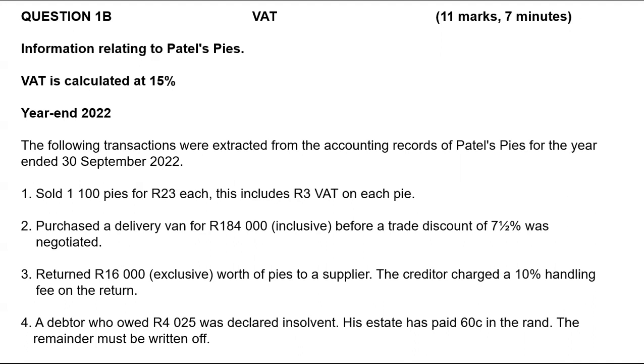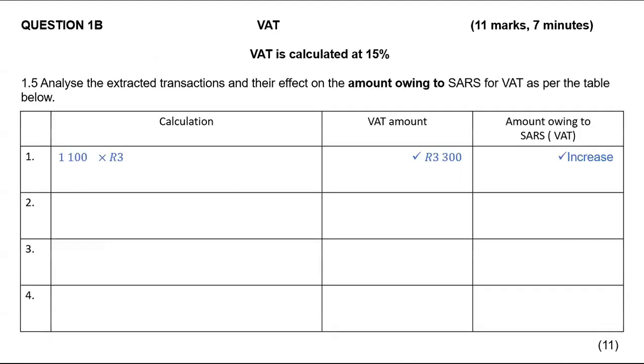Can we claim VAT on that 184,000, or on the 184,000 minus the 7.5% trade discount, which we normally do not record? We just don't record trade discount. We first have to determine the amount excluding trade discount before we can calculate VAT.